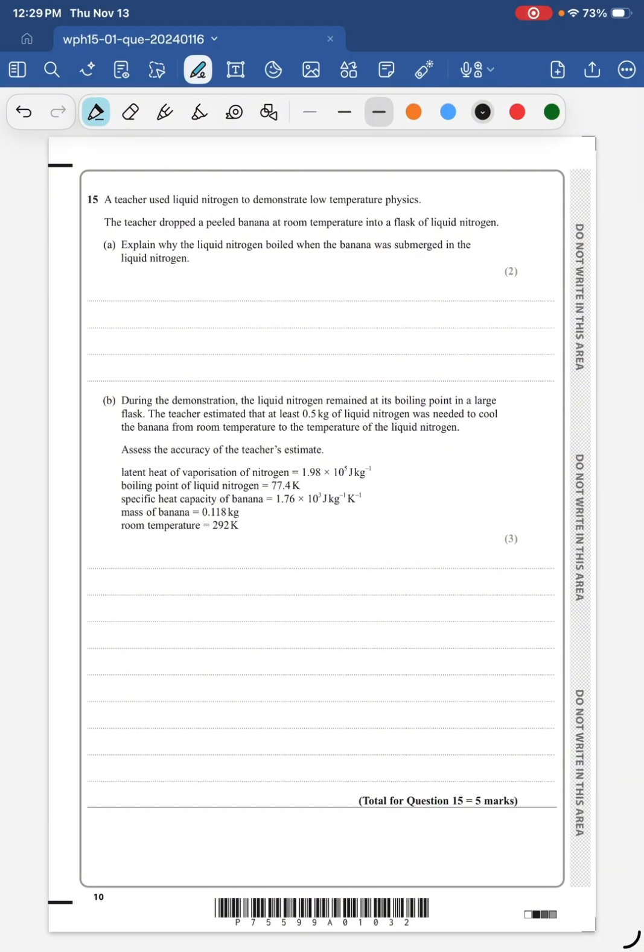Okay, so the banana is at room temperature, T room.